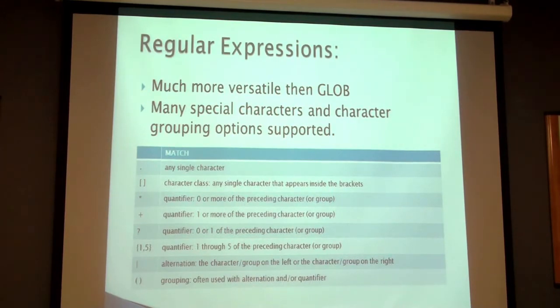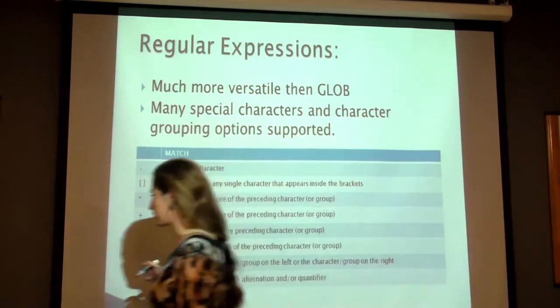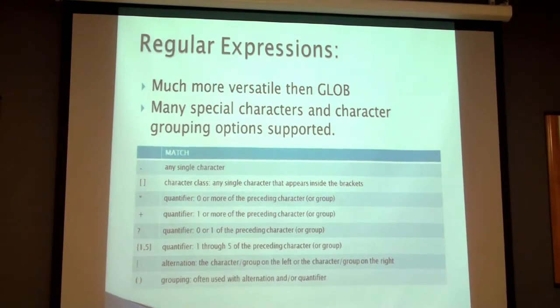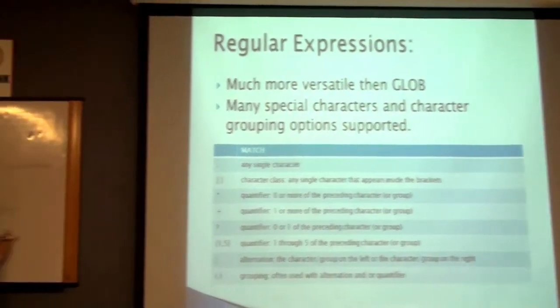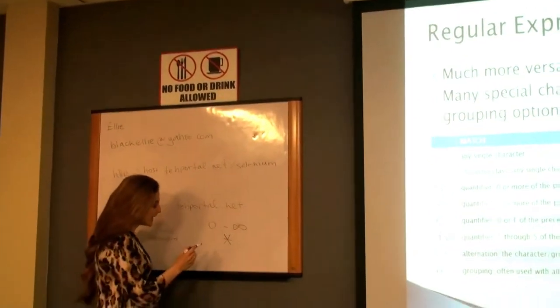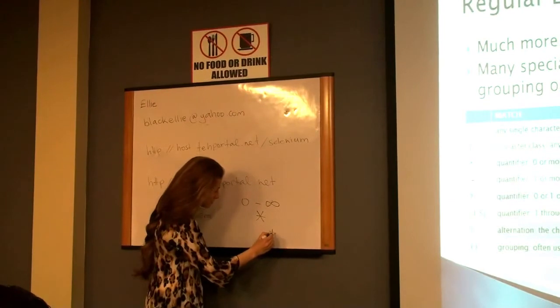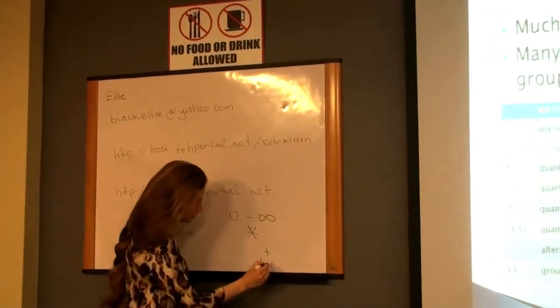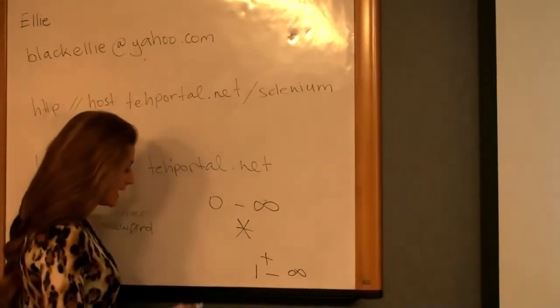On the other hand, question mark is the opposite. It is 0 to 1. So you will not get more than 1. So if you say dot question mark, it means you will get either nothing or one character of anything. Make sense? So if you were to draw this, star is 0 to infinity. Plus is 1 to infinity.